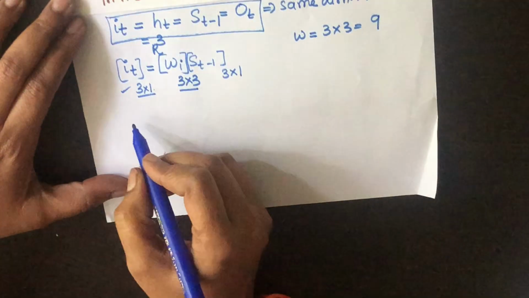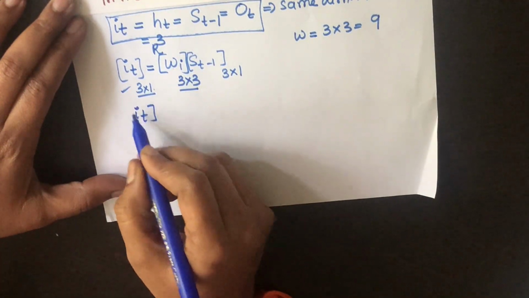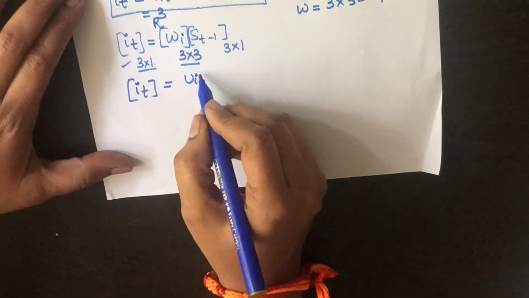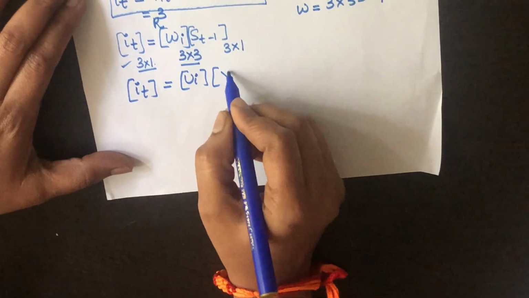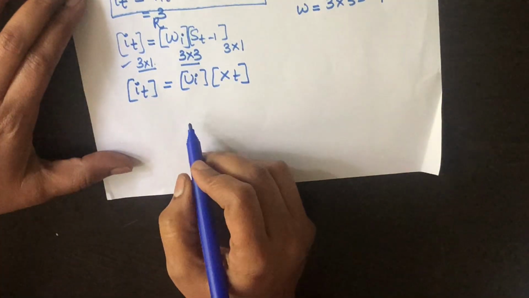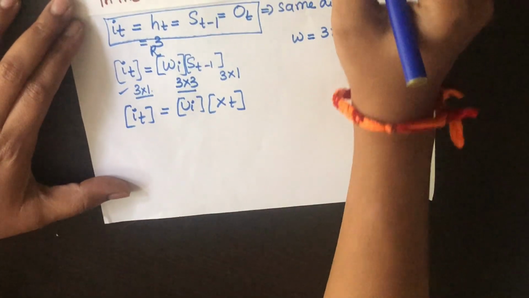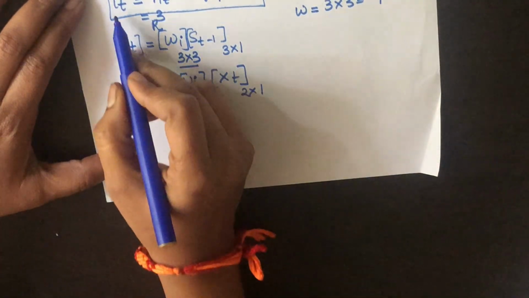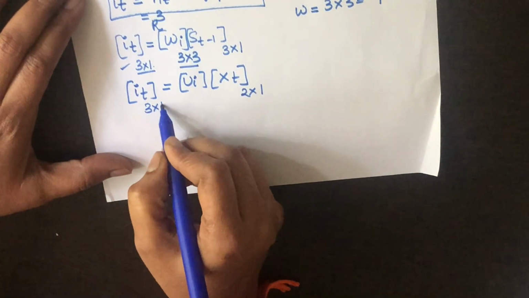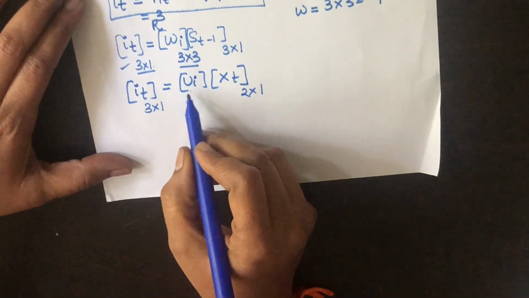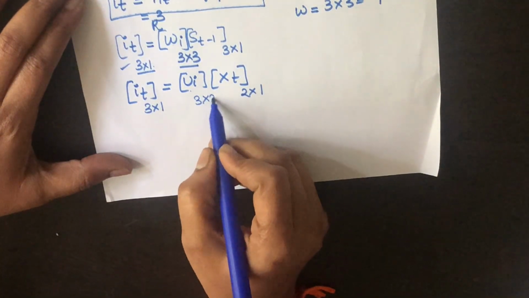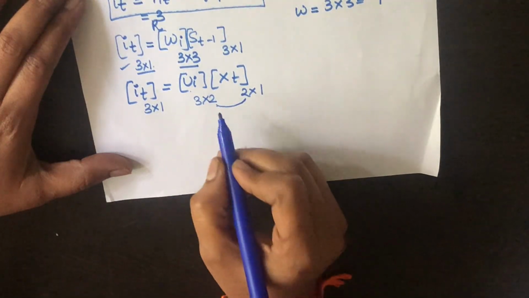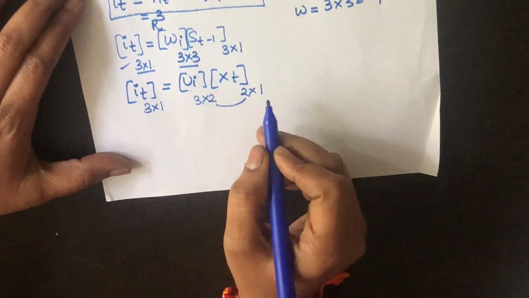Next, it equals Ui into xt. xt is the input vector of dimension 2D, that is 2 cross 1. It is 3 cross 1 dimension, they gave. So U is 3 cross 2. Only if the inner dimensions are the same is matrix multiplication possible.